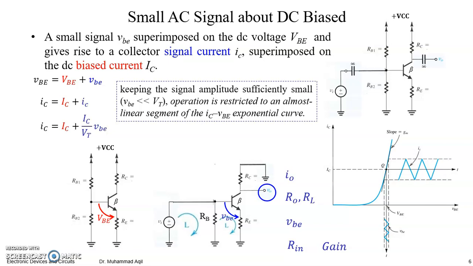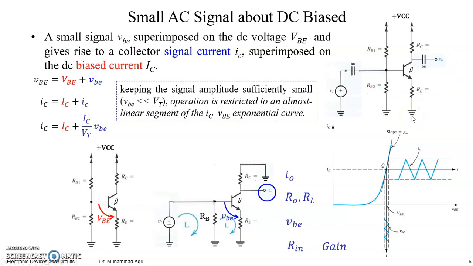And currently we have selected only a common emitter configuration, right? Because we are applying the input at the base with respect to the emitter, and we are collecting the output at the collector with reference to the emitter. So the emitter is behaving as a common terminal for the input and for the output.